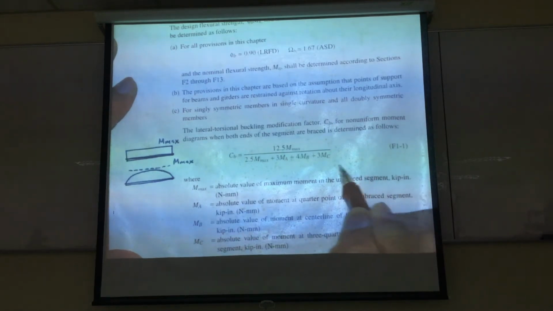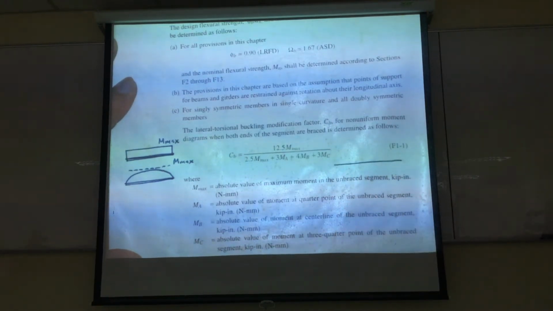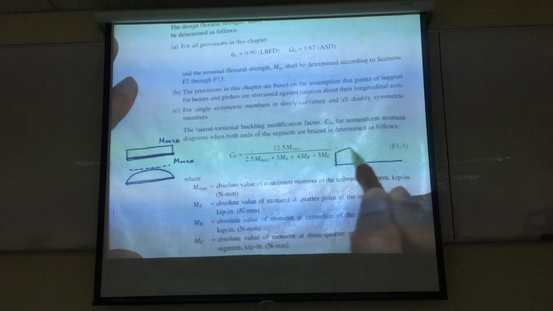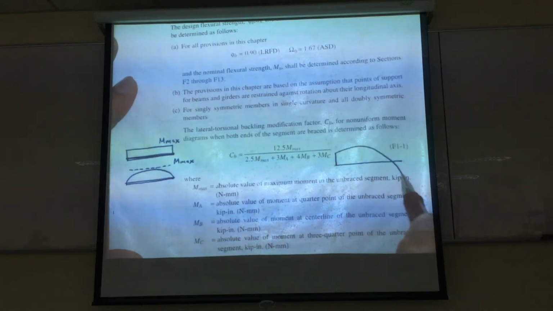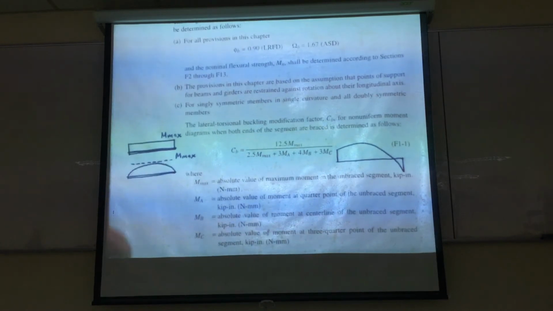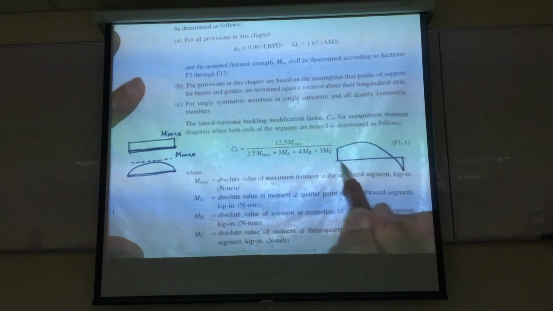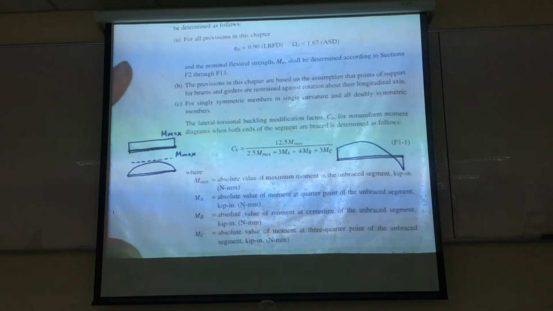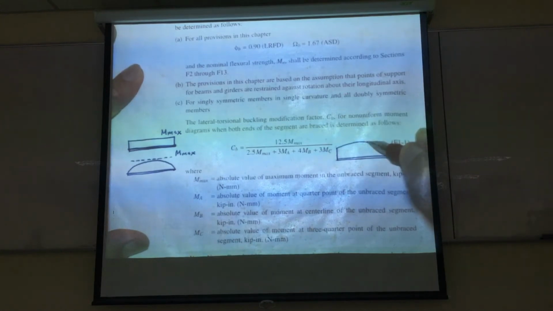So in one beam, you might have a bending moment, whatever it looks like, just a generalized one. And then the standard recommends that you break this beam down into 4 pieces.